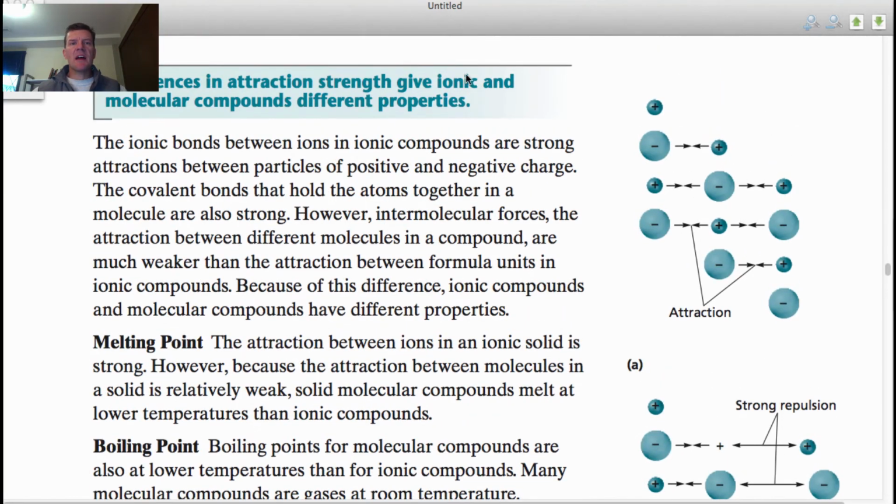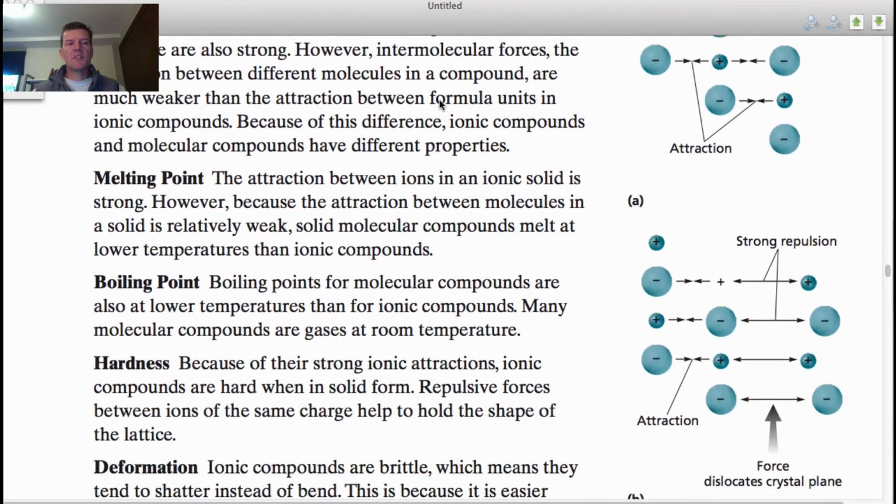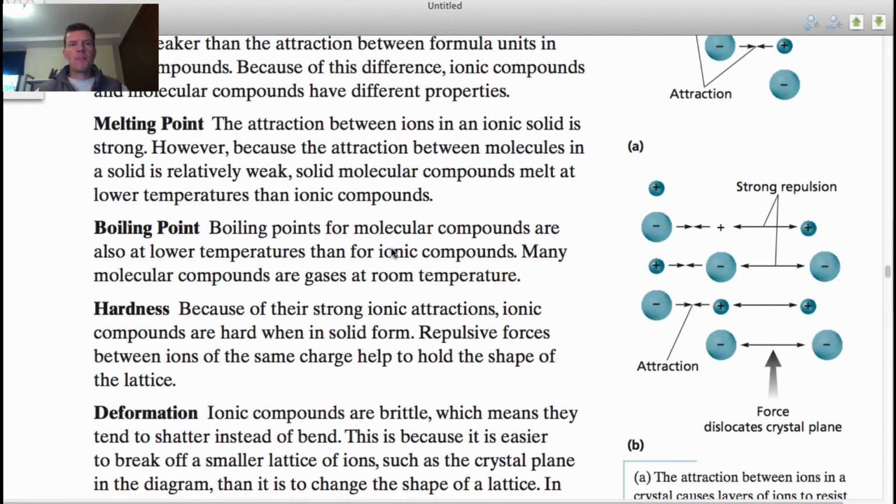Basically, when we talk about ionic bonds versus covalent, remember molecular means covalent. There are some differences here between ionic and covalent, a couple things that I want you to understand. Melting point: ions in an ionic solid, those bonds are very strong.